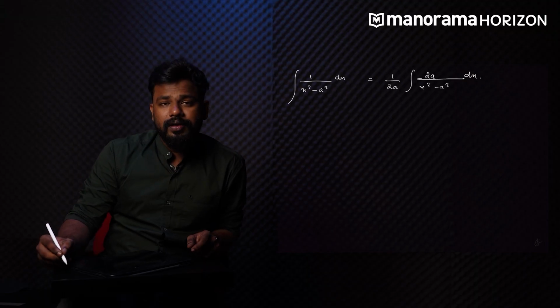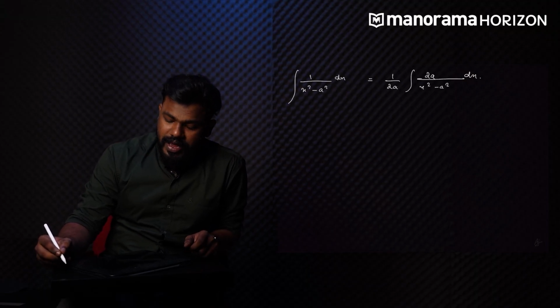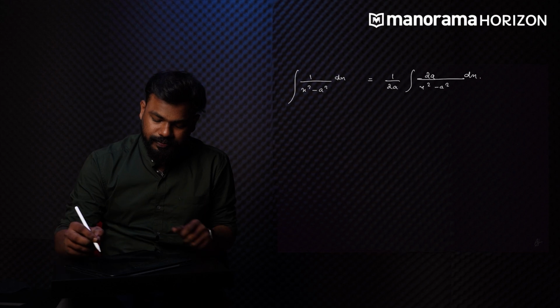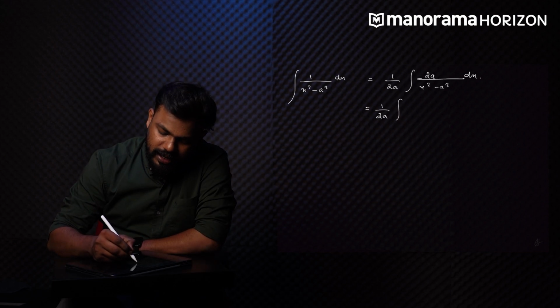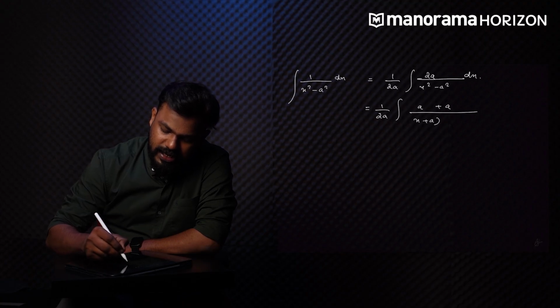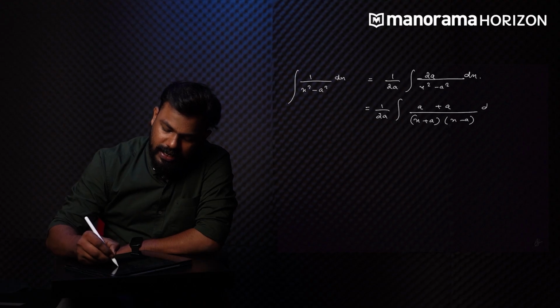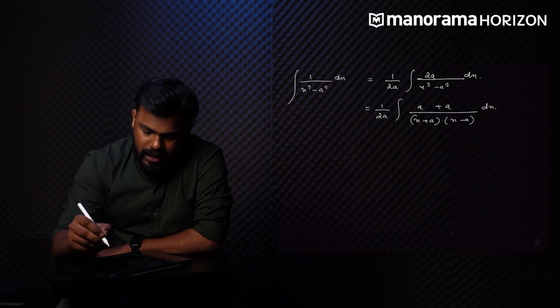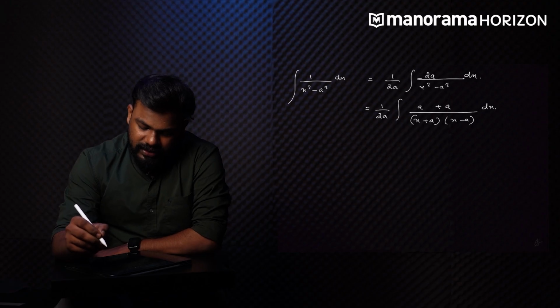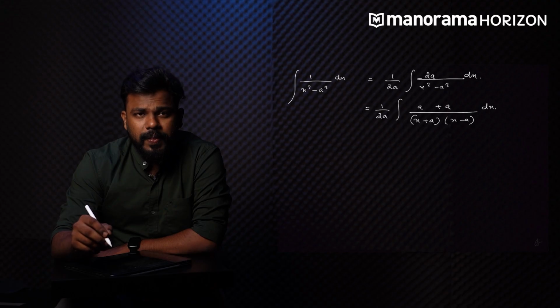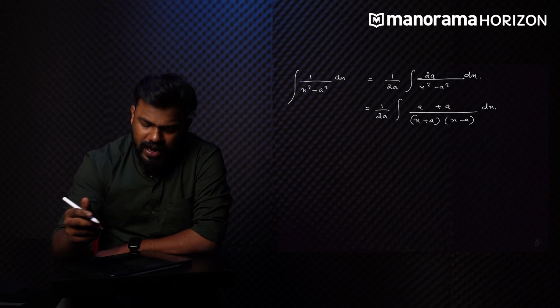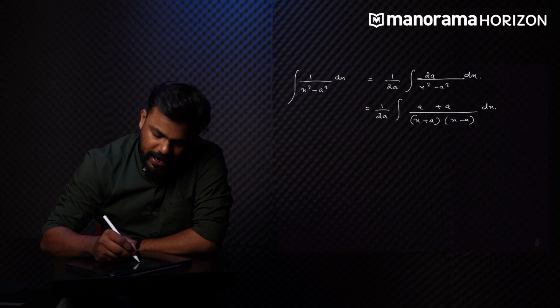So 1 by 2a into the integral of 2a by x square minus a square is what I got. Now this 2a on the numerator can be written as a plus a, and x square minus a square can be written as x plus a into x minus a dx, right? Yes. So if I write it like this, can I also write the numerator a plus a as x plus a minus x plus a, because I'm adding an x over here and subtracting an x over here.